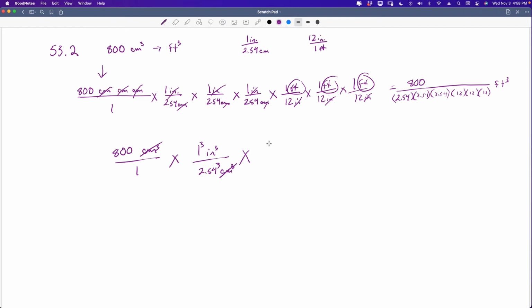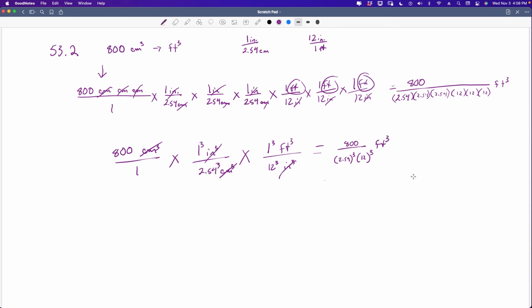So we want feet in the top. 1 cubed foot cubed over 12 cubed inches cubed. Cancel, cancel. 800 times 1 times 1 times 1 times 1 times 1 times 1 is still 800. But now you have 2.54 cubed times 12 cubed in feet cubed. Wasn't that faster? That was faster.